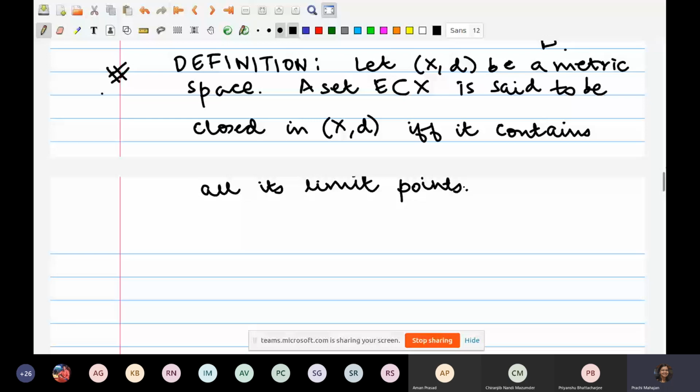A set E subset of X is said to be closed in a metric space (X, D) if and only if it contains all its limit points.